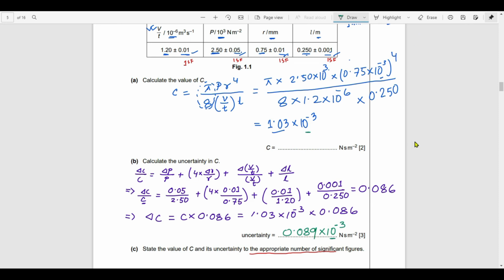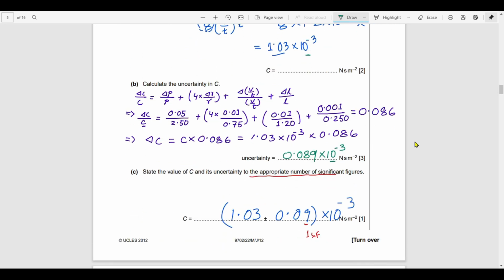C is 10 to the power negative 3, so your absolute uncertainty should also be in 10 to the power negative 3. If you are getting del C in 10 to the power negative 5, do convert it into 10 to the power negative 3. So 0.089 times 10 to the power negative 3 is your del C value.